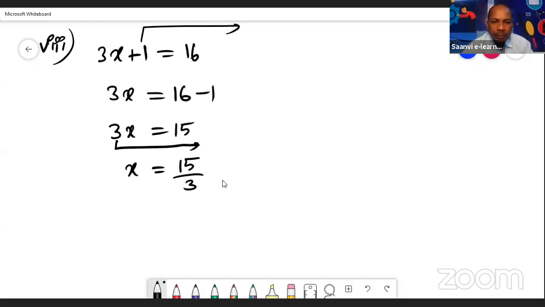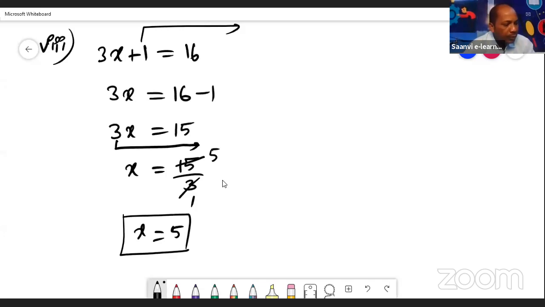Now simplify this: 3 1s are 3, 3 5s are 15. So what is the x value here? 5 by 1 is nothing but 5. So x is equal to 5 is the answer. In the same way, you do the 9th problem.